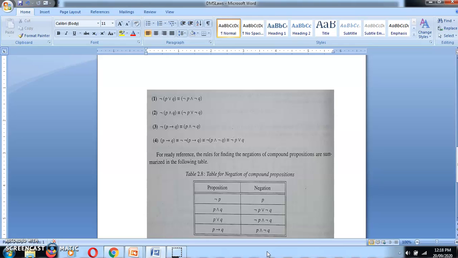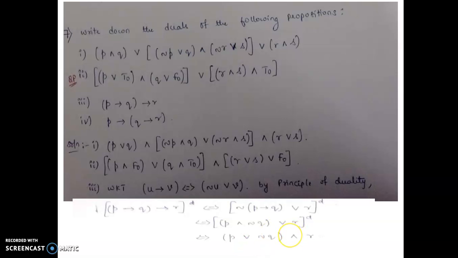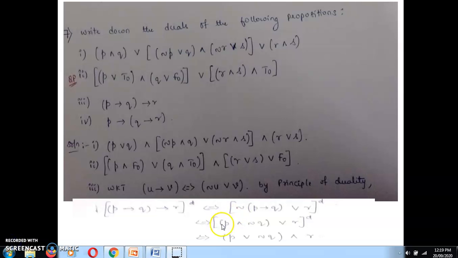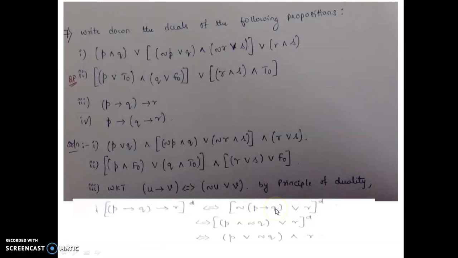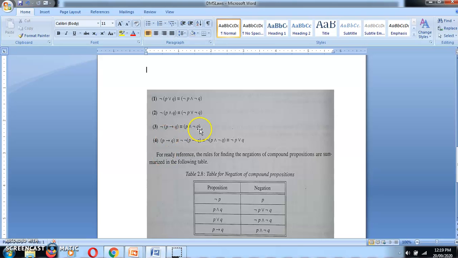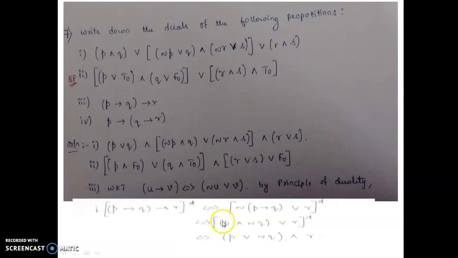Now when we come across negation of P conditional Q, for that we have one law: P as it is and negation of Q. So now this is simplified in this particular form.